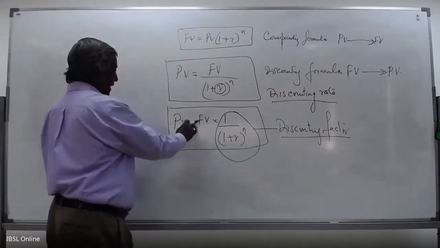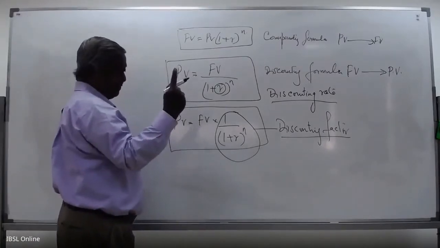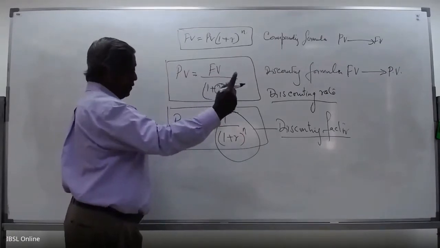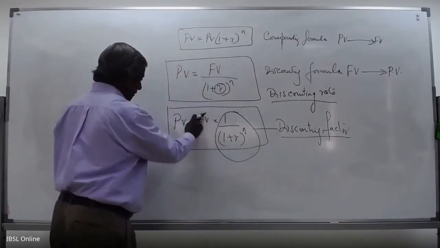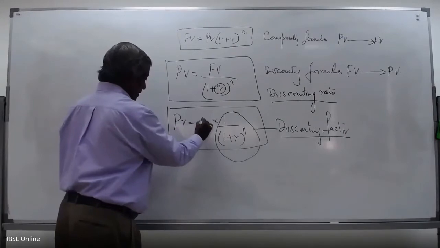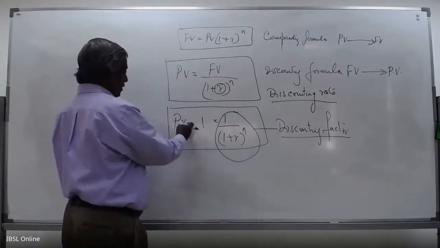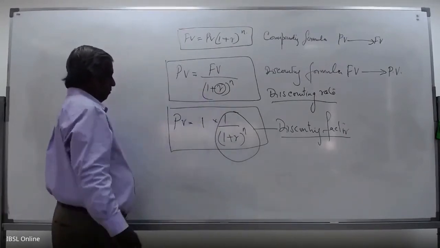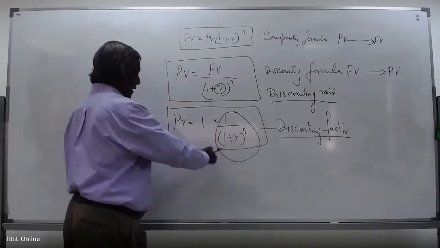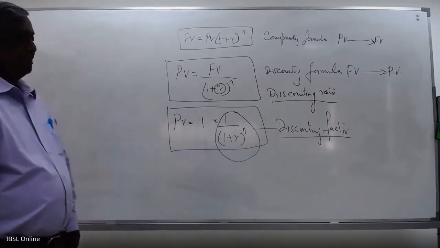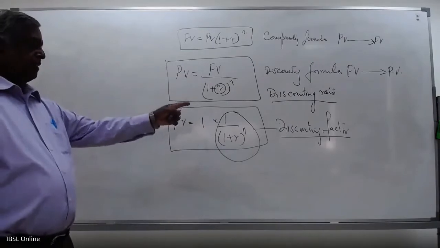So if the FV is 1, that is, the future value, if you are getting 1 rupee, then PV is equal to this. PV is equal to this. So that is discounting factor.